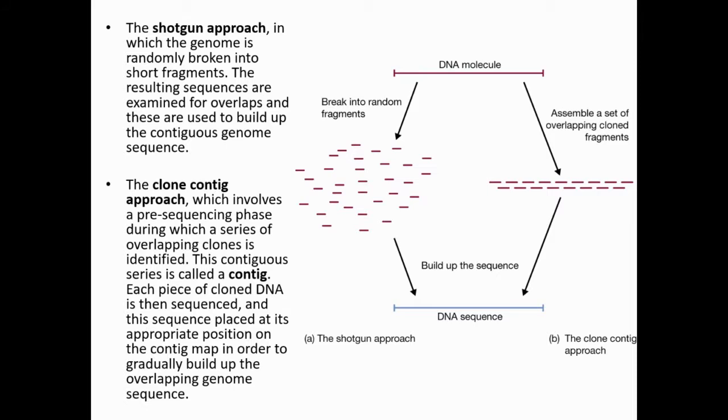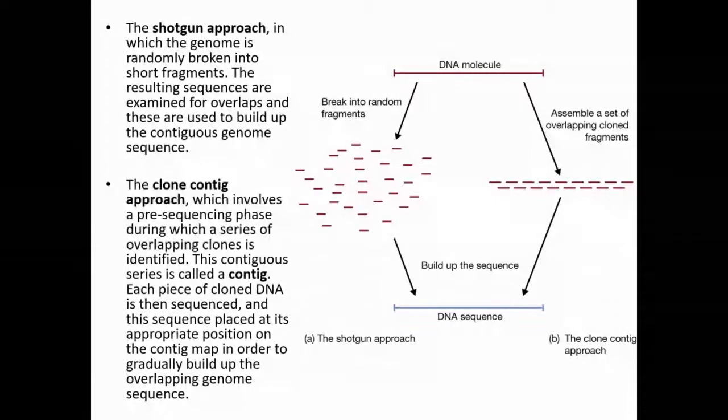And then the clone contig approach, okay? The clone contig approach involves a pre-sequencing phase so that you know the sequence, and then you have the overlap in the clones, and then you identify those that are a contiguous series. We call it a contig, and each piece of the cloned DNA can then be sequenced.